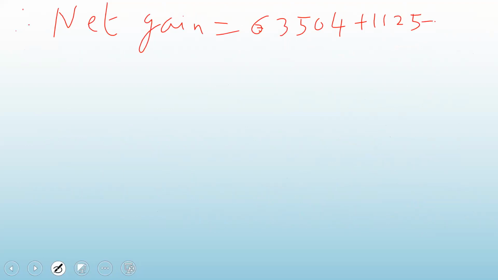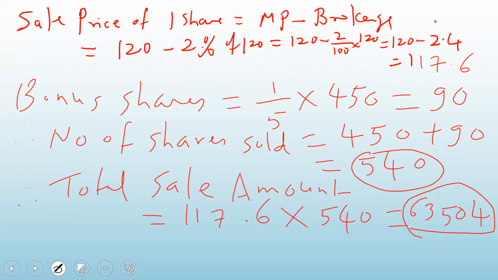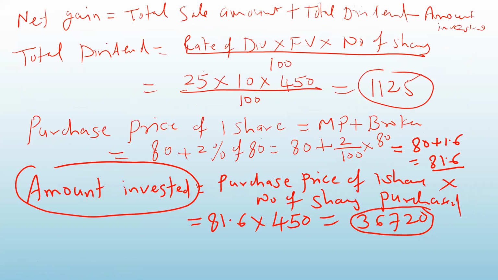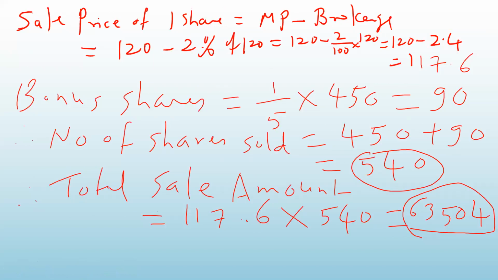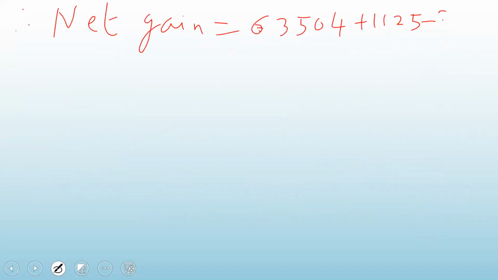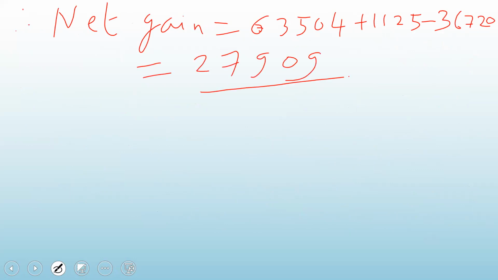And from this, you have to subtract the amount invested. What is the amount invested? 36,720. Okay, calculate. So what is the net gain? 63,504 plus 1125 minus 36,720. So you get 27,909. So this is the net gain.